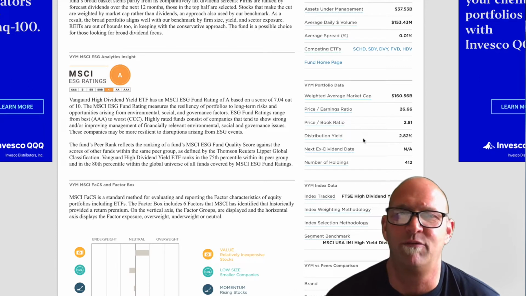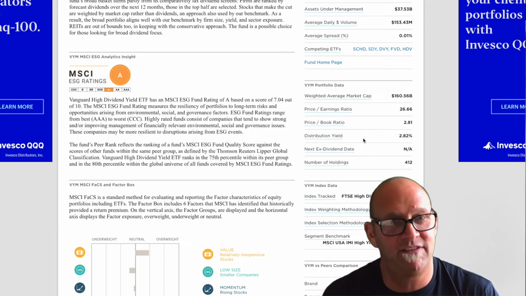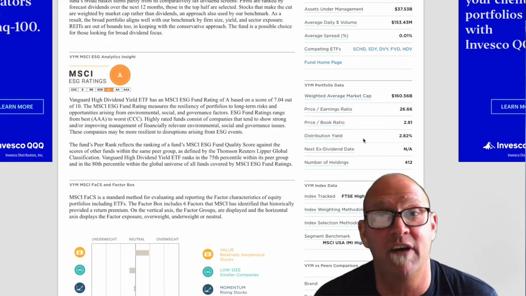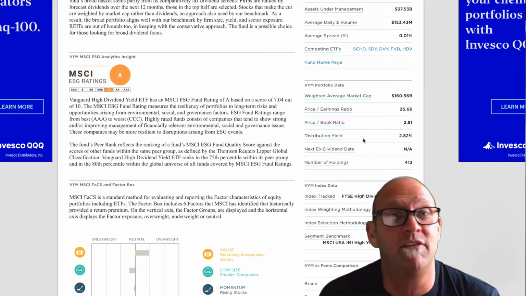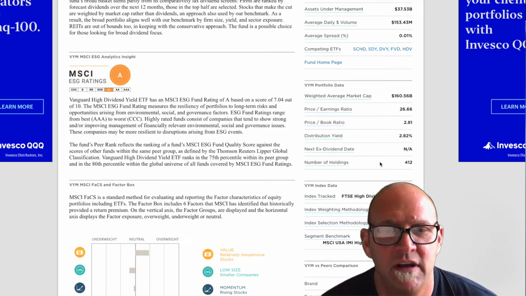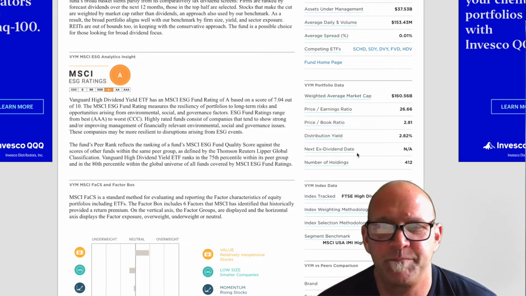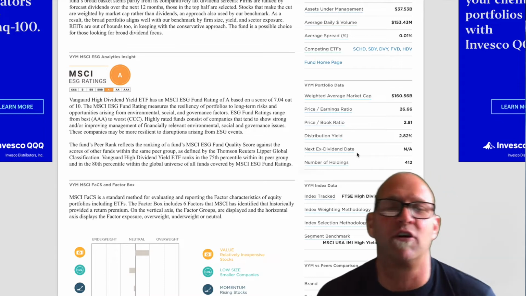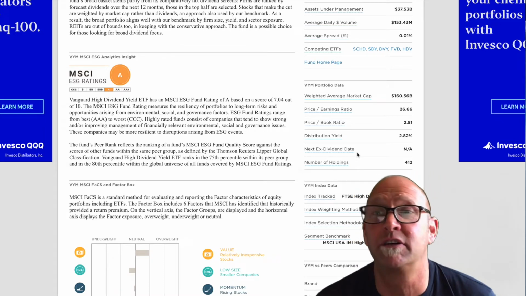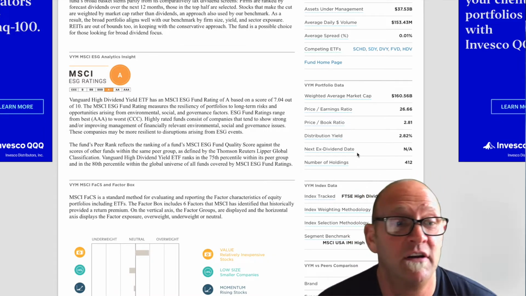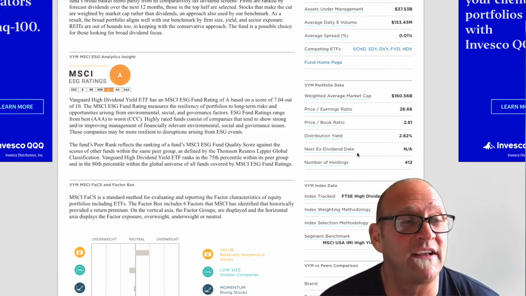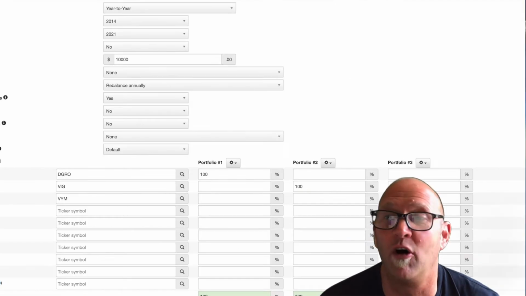Now, you guys, with what's been going on with the pandemic, all yields are down a little bit. But it's still closer to what a dividend investor would look like, right? Someone in the 3 to 3.5% range. This holds 412 companies, okay? So all three of these are good in that they have several hundred companies in their arsenal. But let's take a look at what would have happened if we held all three of these.